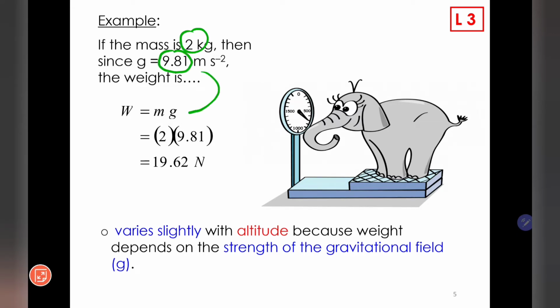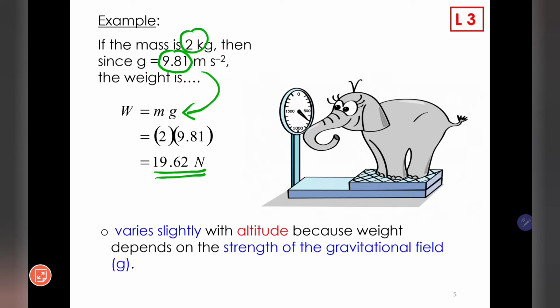We just substitute into the equation W equals mg, and then you will get the weight here equals 19.62 Newton. This is how we calculate weight based on the mass given.